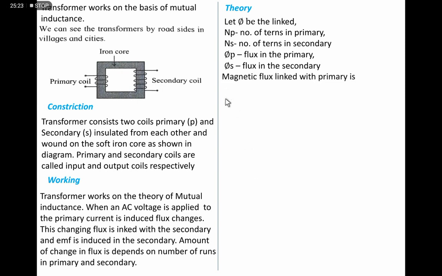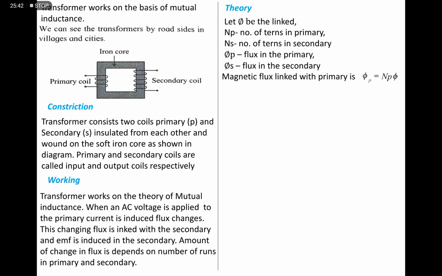Now the flux linked with primary, we'll write phi P is equal to number of turns in primary and phi. Phi is the flux linked with primary and secondary.